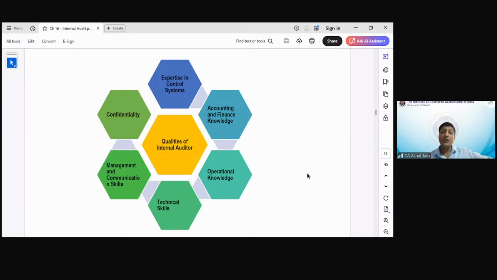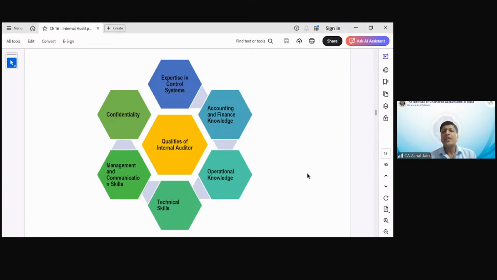That is similar to what you find in statutory audit. Because till the time the auditor does not have clarity as to what is required to be done and how, can the auditor really do that? The answer is no. It's very difficult. So it is important for the internal auditor to have some basic qualities. One, expertise. His knowledge has to be of a high level.